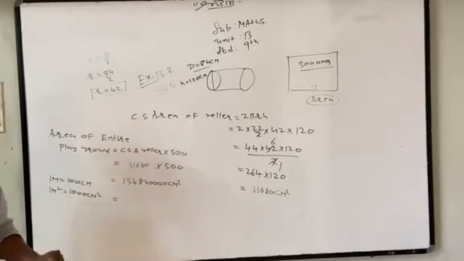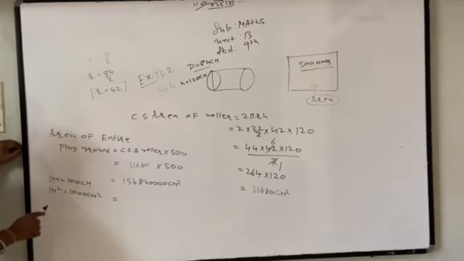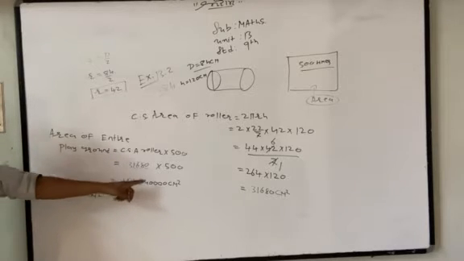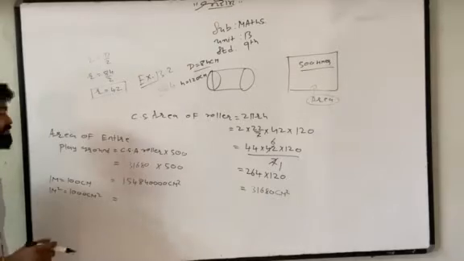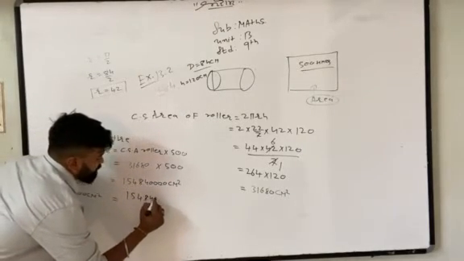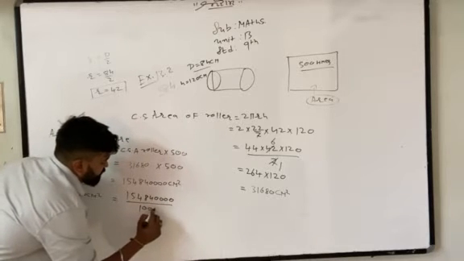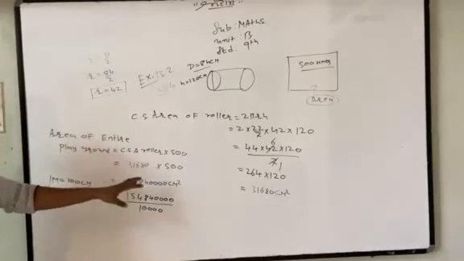As we know, 1 meter is equal to 100 centimeters, so 1 meter square is equal to 10,000 centimeter square. If we need to get this answer in meter square, we have to divide the answer by 10,000. Now whatever the answer is, that is in meter square.